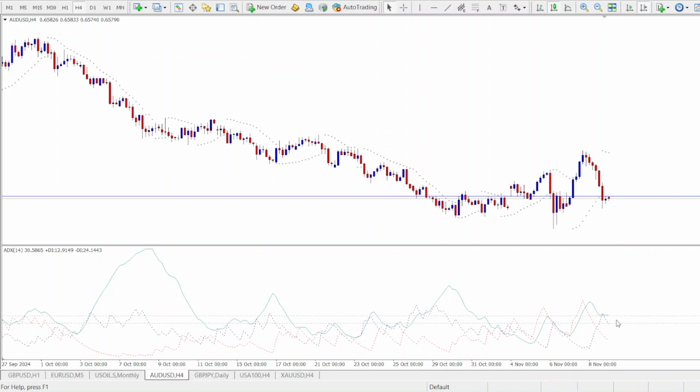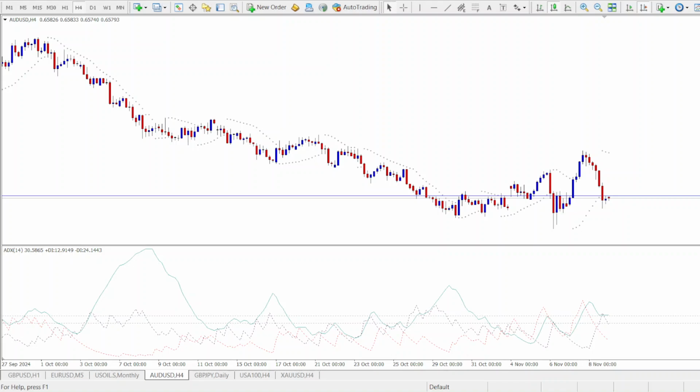When you have it above 30, it gives even more momentum to that trend. As the ADX value climbs, it indicates an even stronger trend. However, it's crucial to remember that the ADX does not tell you whether a trend is bullish or bearish. It only tells you the strength of the trend.